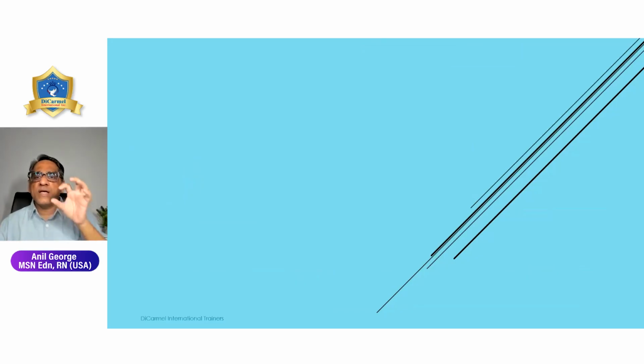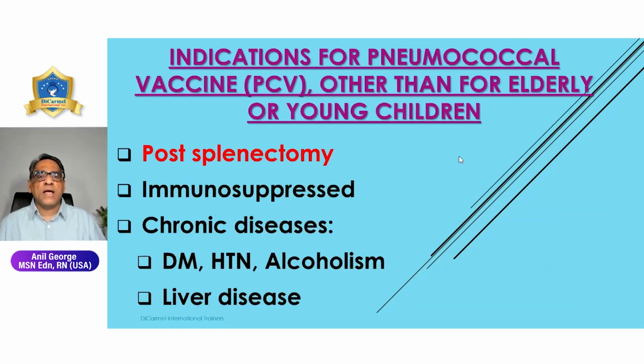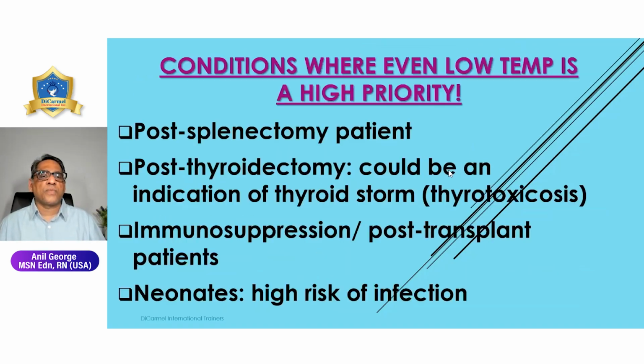But when it comes to certain conditions, even a low-grade fever can be of extreme significance, and that's what these conditions are. So these are some conditions where even a low temperature is a high priority, which include post-splenectomy and post-thyroidectomy. That could be an indication of thyroid storm.